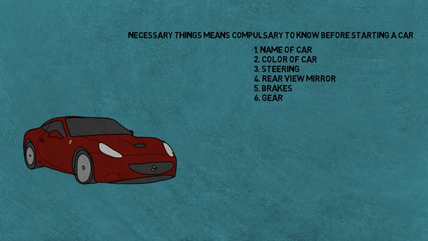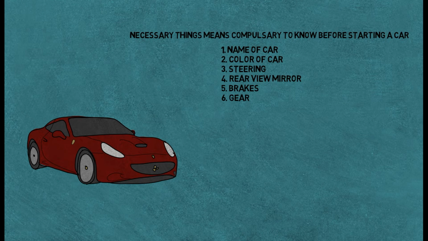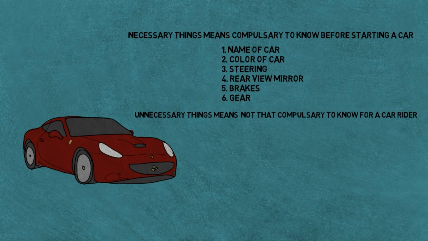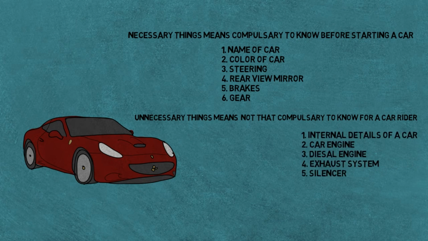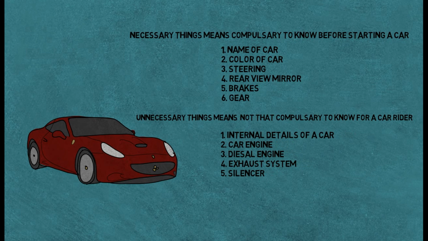Name of the car, color of the car, steering, rear view mirror, brakes, gear. Those things he must know in order to drive a car. And internal things like car engine, diesel engine, exhaust system, silencer are not compulsory to know in order to drive a car.